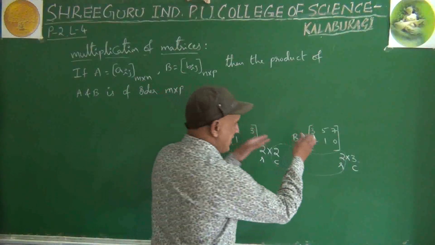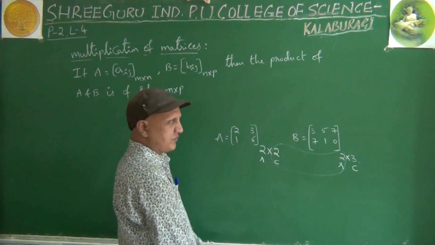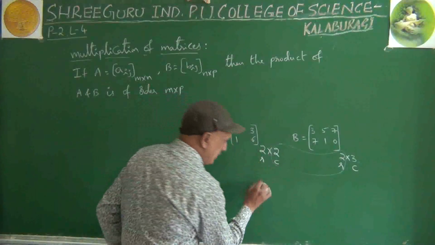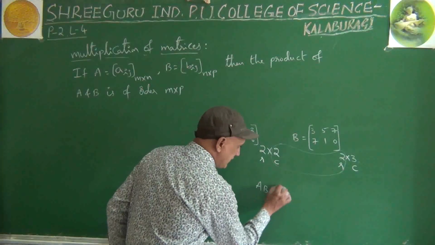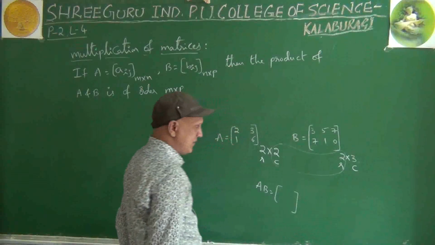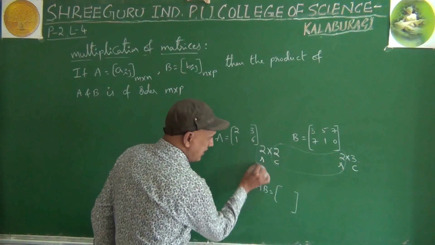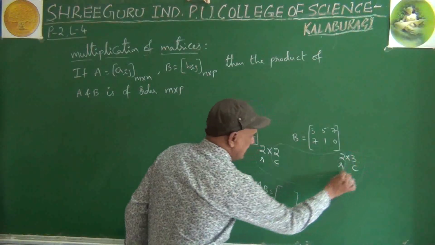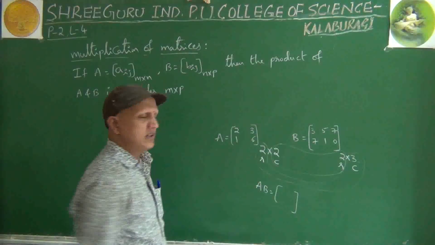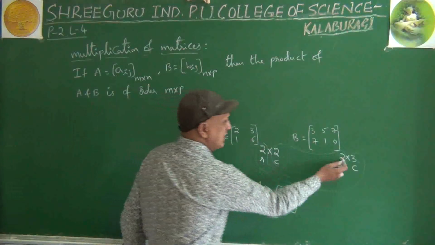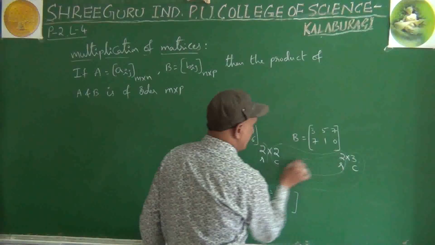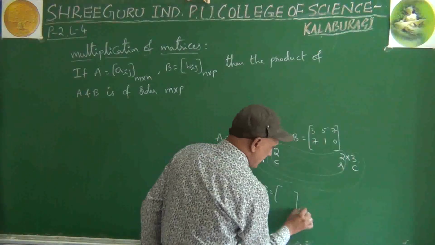After multiplying both, the order will be 2 by 3. These two will vanish. You can remember like that. These two will vanish. 2 by 3.